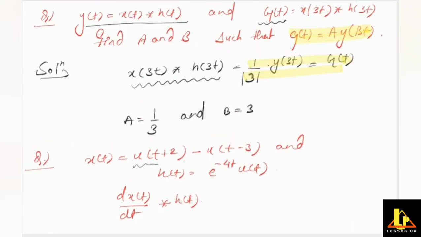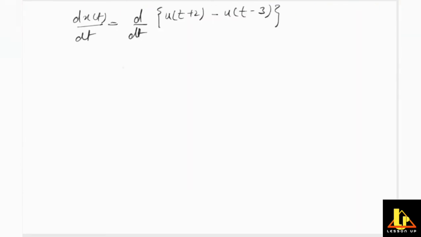So dx of t by dt will be equal to the differentiation of u of t plus 2 minus u of t minus 3. So if you differentiate, you will get delta of t plus 2 minus delta of t minus 3, right?